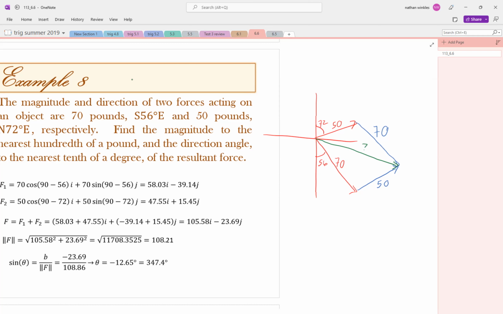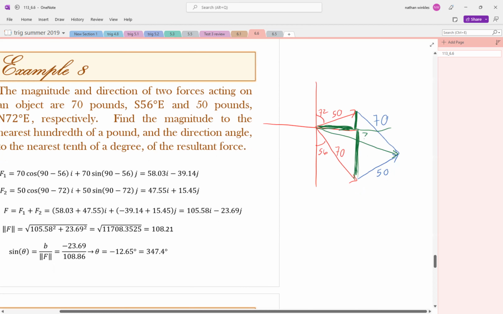We always draw our components down to the x and y axis. So we need to figure out in each case what our x component is and then our y component. We need these two here, and I also need this one here.